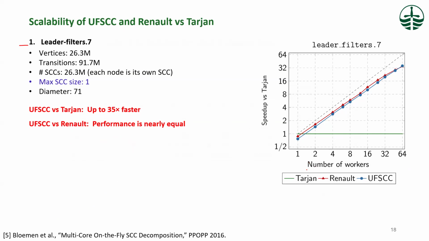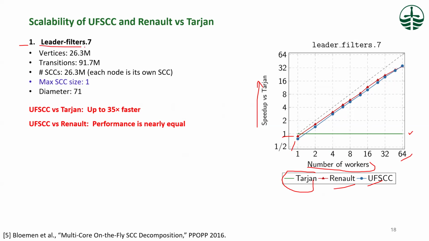The x-axis denotes the number of workers: 1, 2, and up to 64 workers. The y-axis represents the speedup versus Tarjan. So we will always see Tarjan's algorithm as this green line, flat at one. Tarjan's algorithm is the base, and it will be compared with Reynolds and UFSCC. The blue one represents UFSCC, and the red one represents Reynolds.